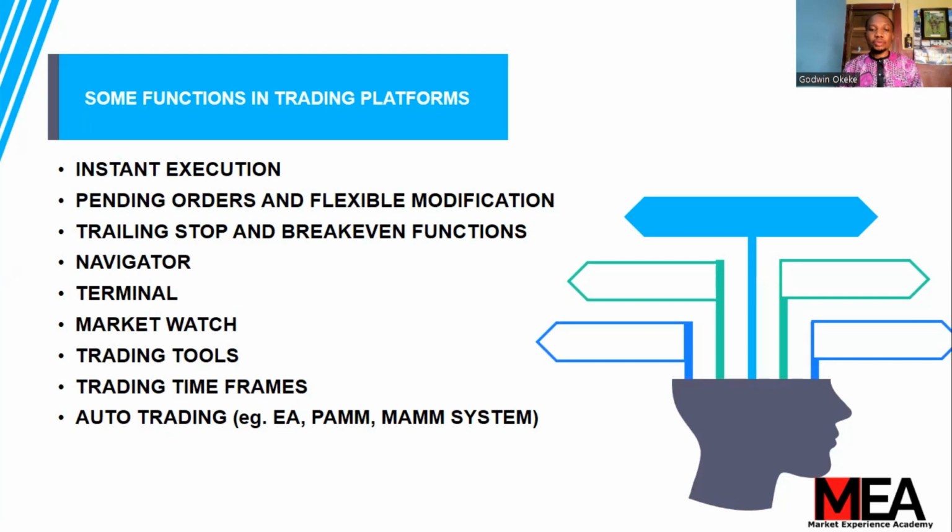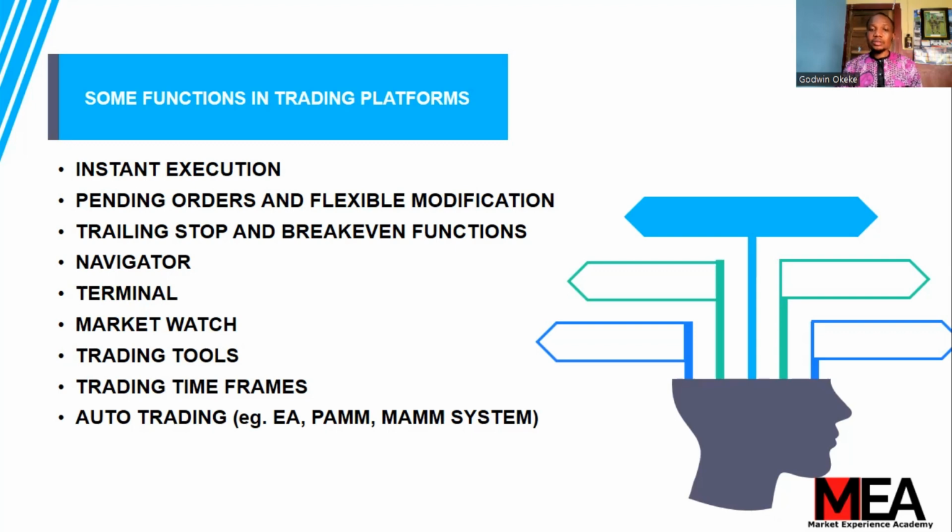So we have other accounts that are being run by copy traders and fund managers, and we have the multi-account managing system for fund managers, people that are managing more than 100 accounts, or more than 2-3 accounts.